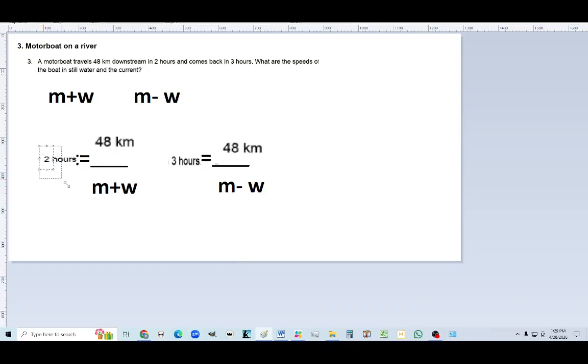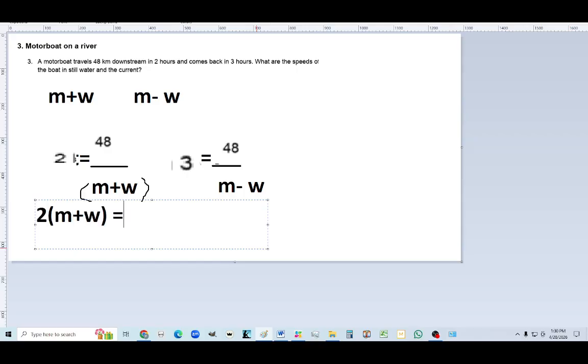So you don't like working with the word hours. We're just going to work with the number 2, the number 3, and the number 48. We have to multiply by m plus w. I've already explained why. When I multiply, the whole denominator disappears on the right, and on the left this is equal to 48.